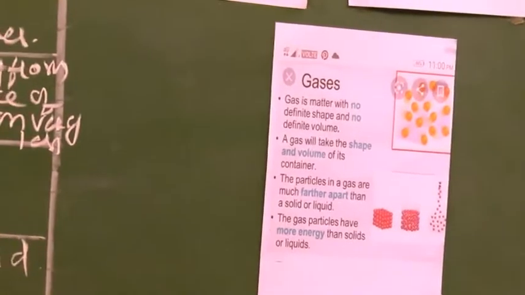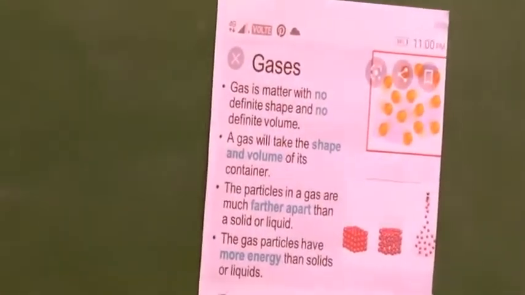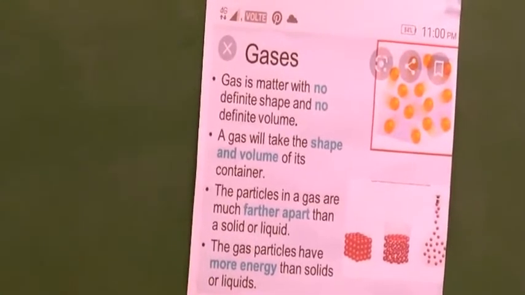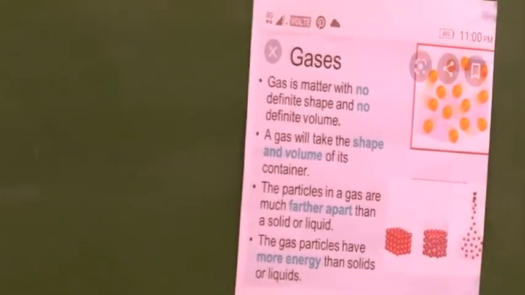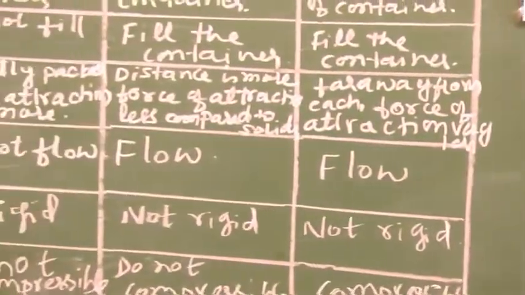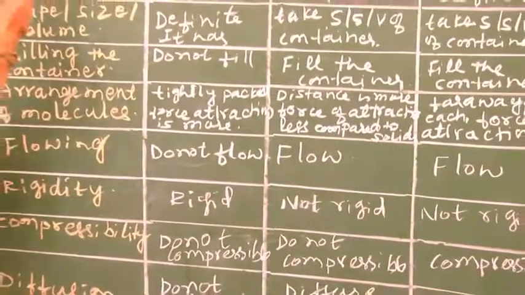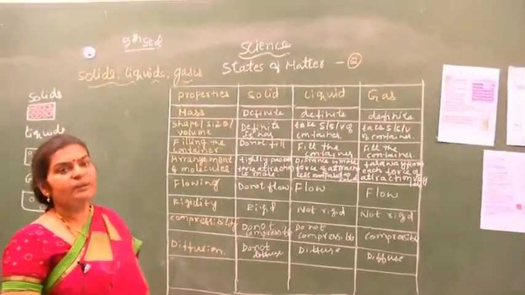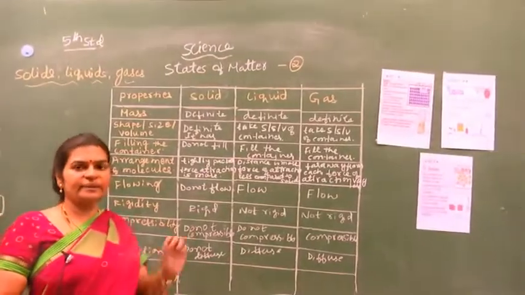Because they move very freely and faster, they have more energy in them. In that way, we have considered the different states of matter, solids, liquids and gases. So with this, I am going to conclude today's class.